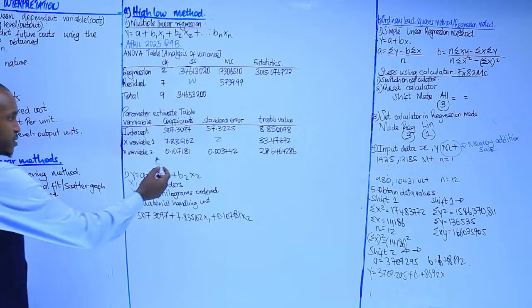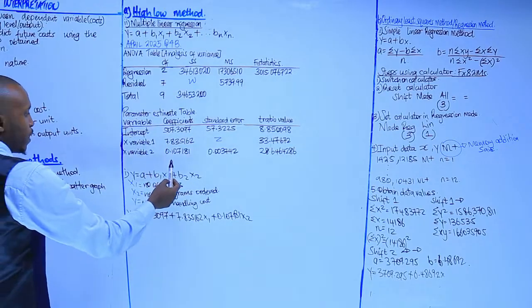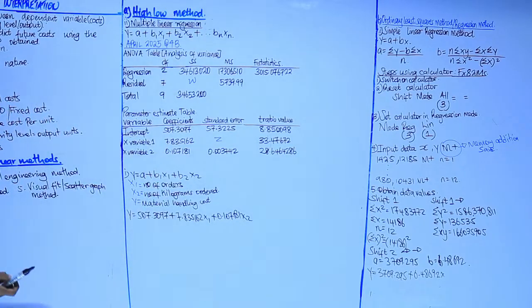So these coefficients here are the ones that give you A, B, and all the B's. All right, that is that.